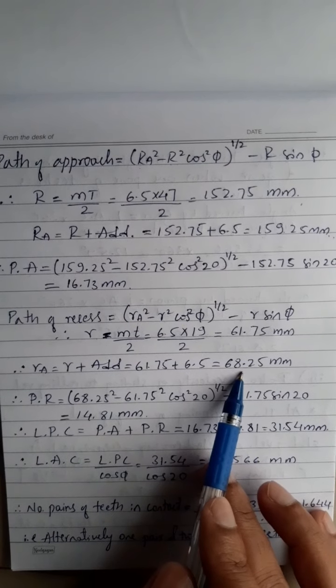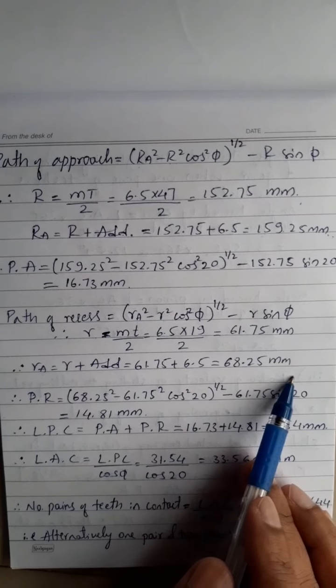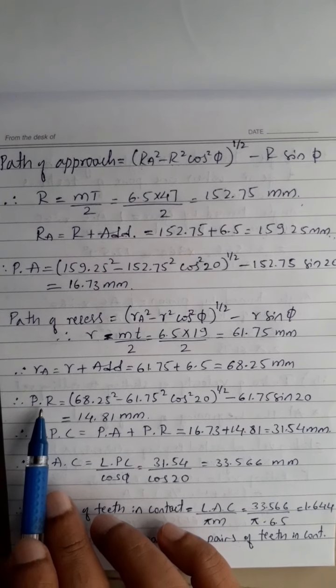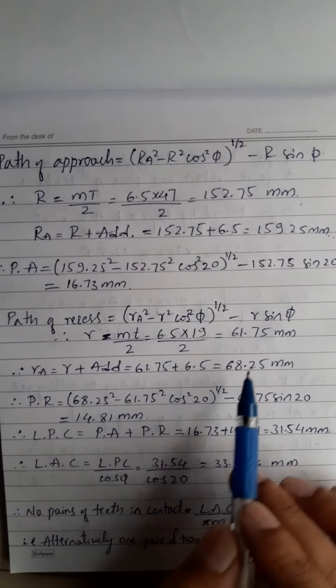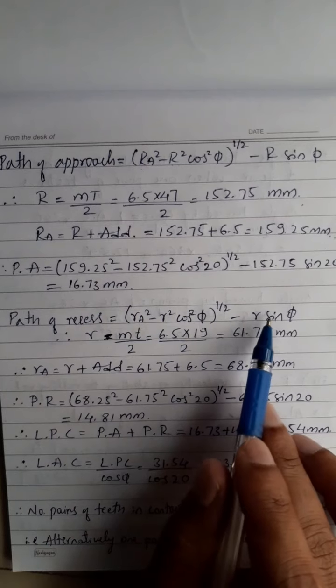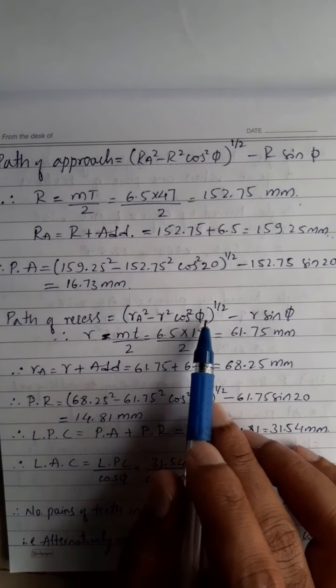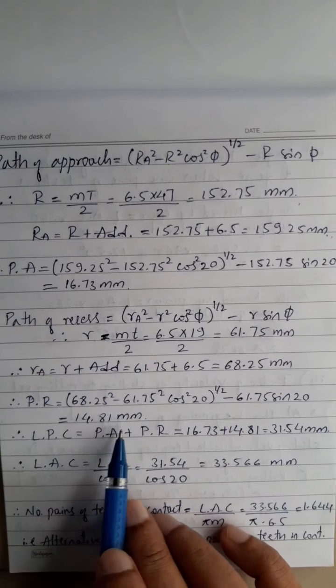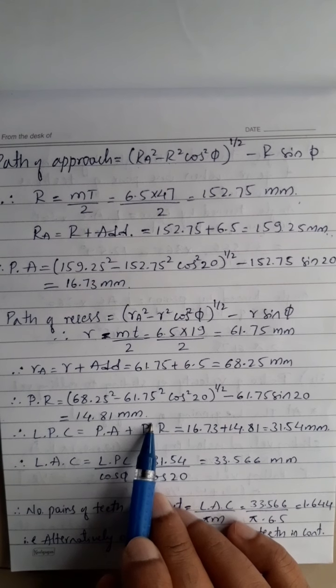Therefore, substituting these two values, R and RA, in the above equation, and phi as 20 degrees, we get the path of recess as 14.81 millimeter.